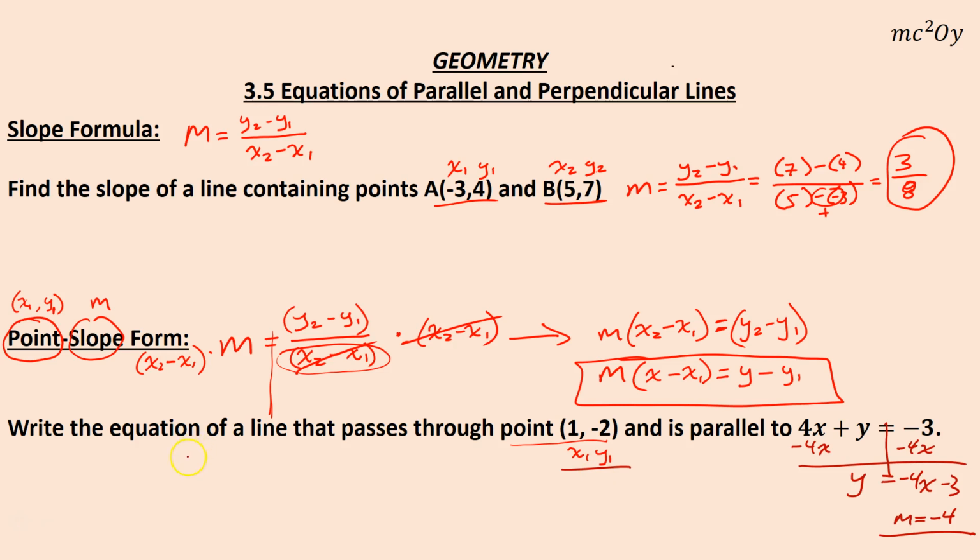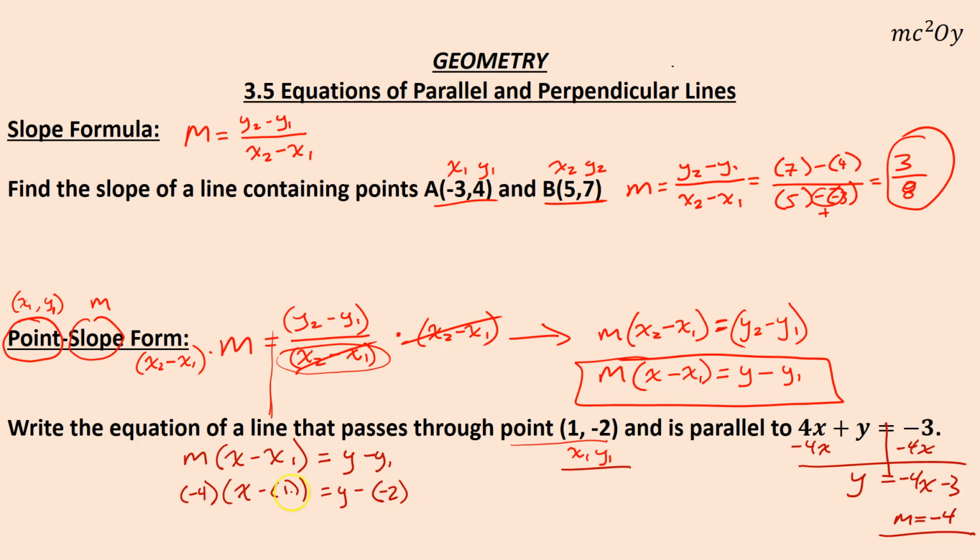So I can write my equation, m times x minus x1 equals y minus y1. Well, m is negative 4. So we plug in our negative 4, x minus, well, x1 is 1, equals y minus, well, y1 is negative 2.